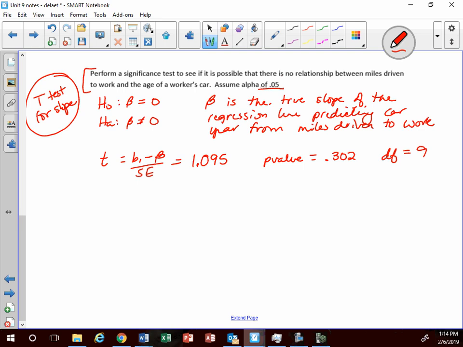Okay. All right. So since our p-value of 0.302 is, is it greater or less than our alpha? Yes, greater than alpha of 0.05. What do we do? We fail to reject, okay?